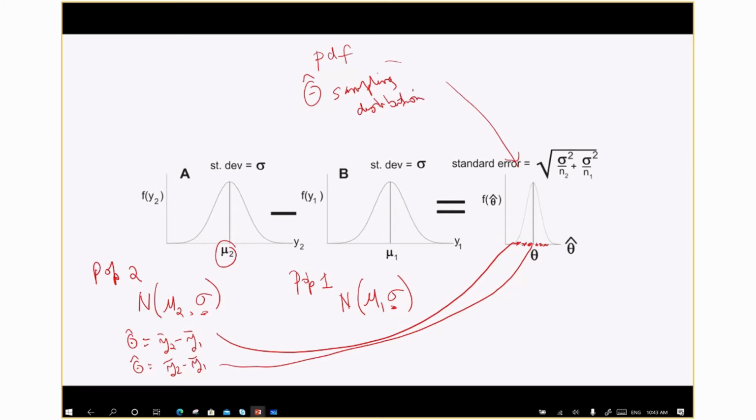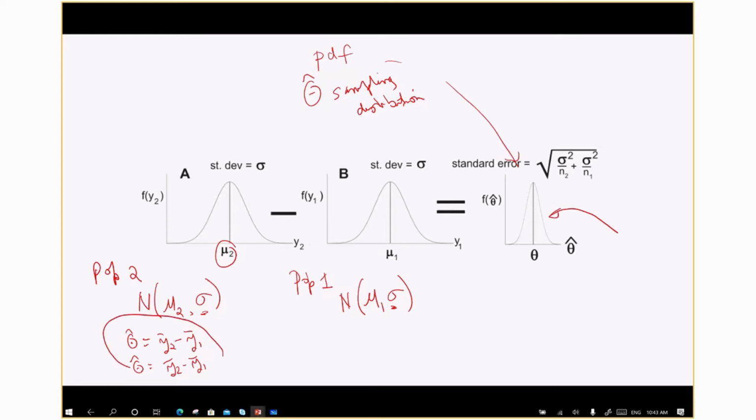So, what are the features of this sampling distribution? If we consider the set of all possible values of theta hat that we could get by infinitely repeating the process of getting a sample mean from the first population, a sample mean from the second population, and taking the difference, although I'm not going to prove it, first of all, it's normal.